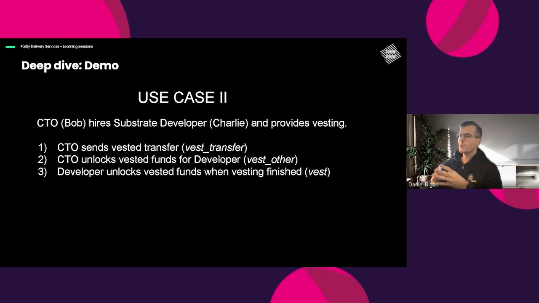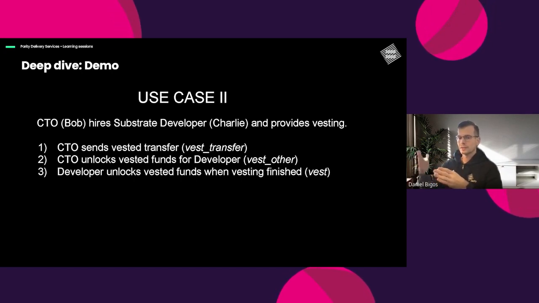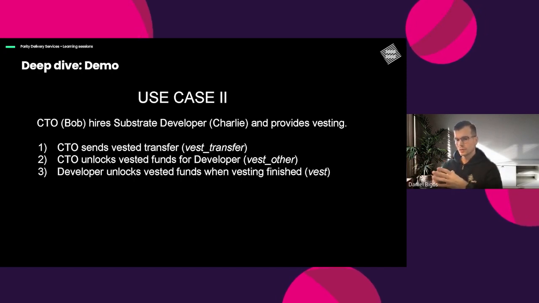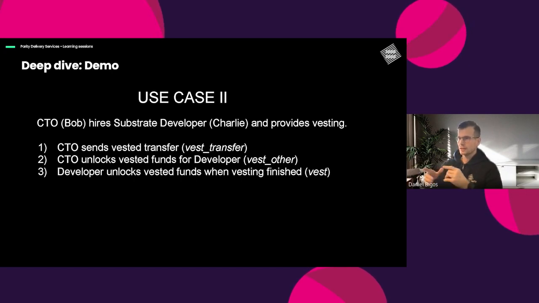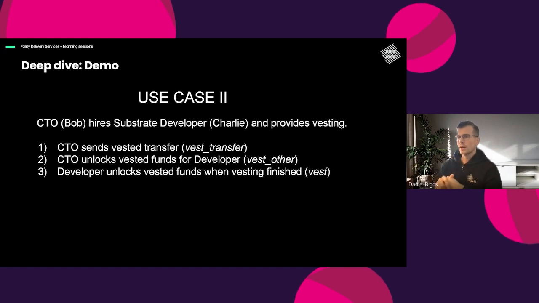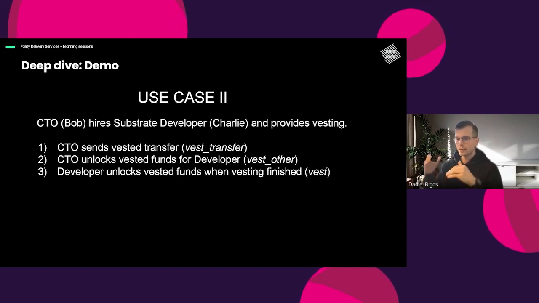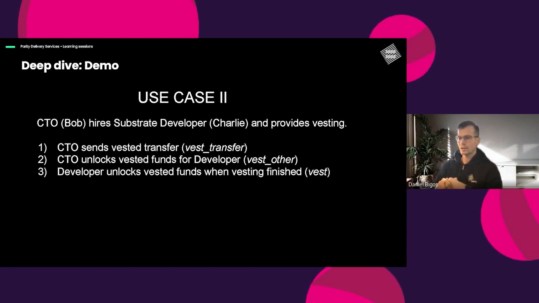So when our chain is running, the only way to provide some vesting is to send a vested transfer to the recipient. Also in this use case, I'm gonna show you how Charlie can unlock his funds without having any tokens from the beginning of his account on our blockchain.